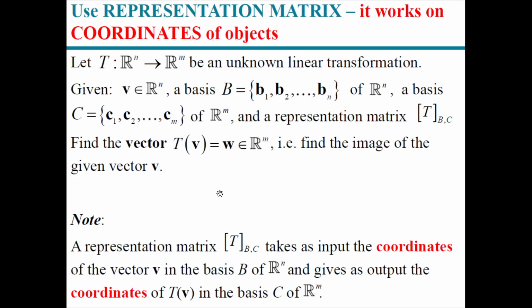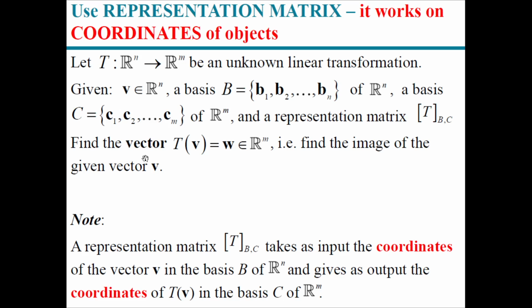So here is the typical problem that we will need to work on. We will have a linear transformation from R^n to R^m, so two finite dimensional spaces. And sometimes we don't even know what the linear transformation is, just to make things nicer. We are given a vector v from R^n, from the input space, and what we want is to know what T(v) is.